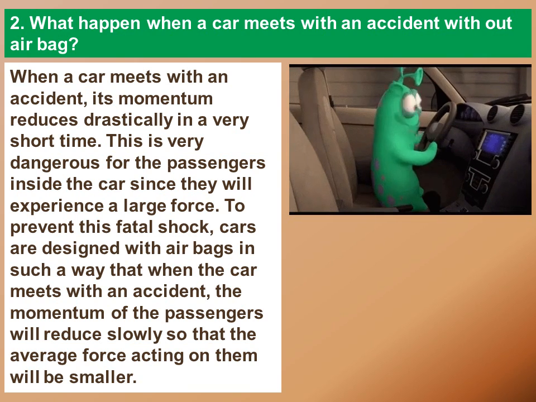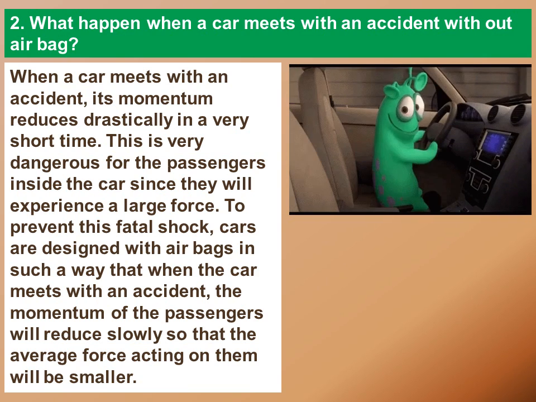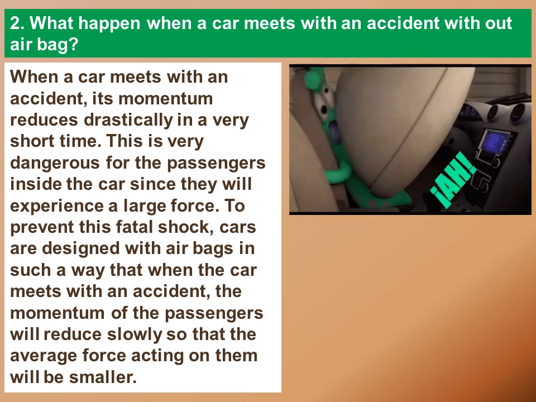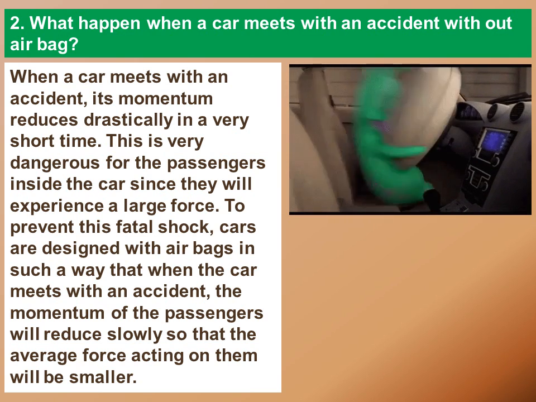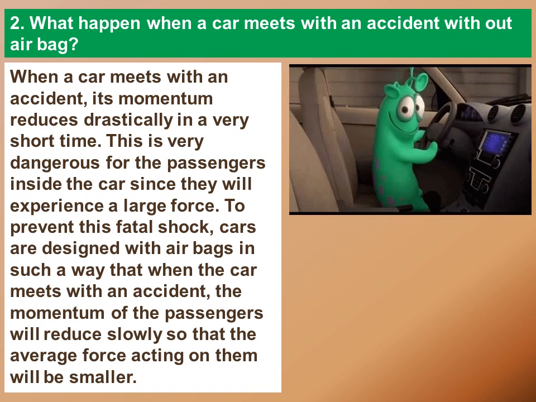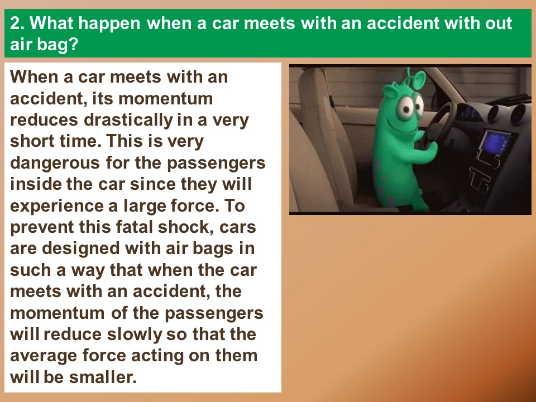When a car meets with an accident, its momentum reduces drastically in a very short time. This is very dangerous for the passengers inside the car, since they will experience a large force. To prevent this fatal shock, cars are designed with airbags so that when the car meets with an accident, the momentum of the passengers reduces slowly, so that the average force acting on the system will be smaller.